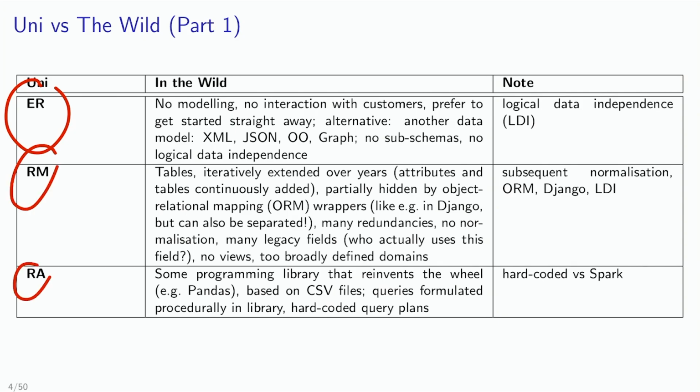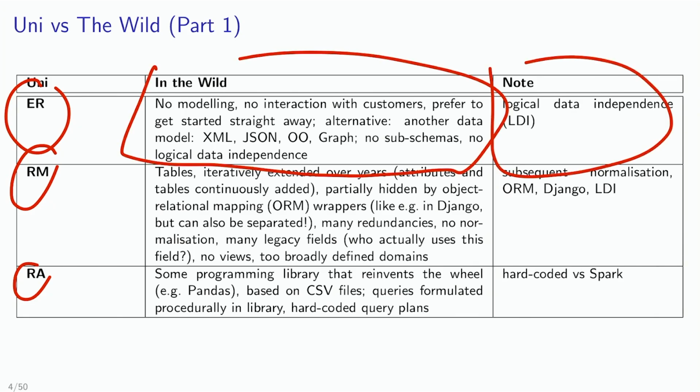And then I say what you will be seeing in the wild, and then I will make a note about something that might be interesting in that space. For instance, logical data independence is a technique no one uses, or few people use, and we didn't talk about it too much, but I will briefly again show what that means and what it implies and why that might be something that's part of a solution.